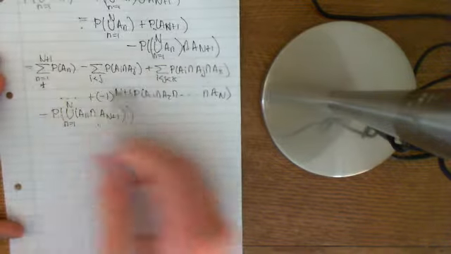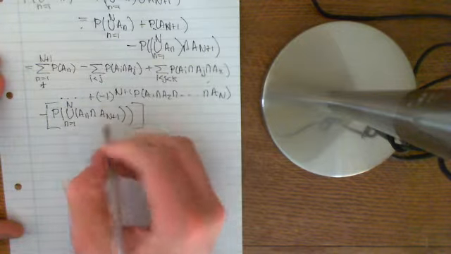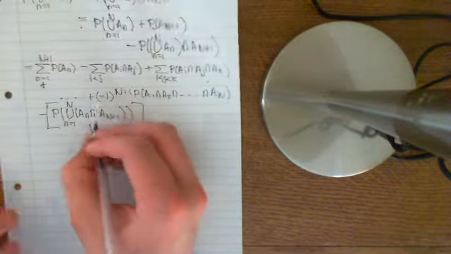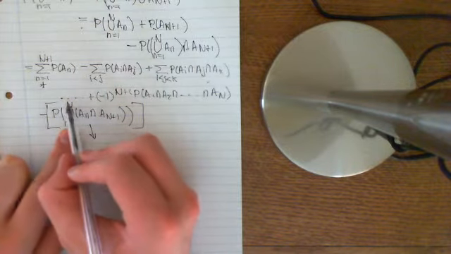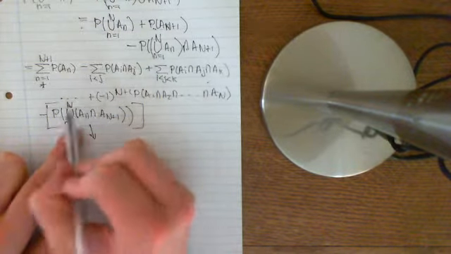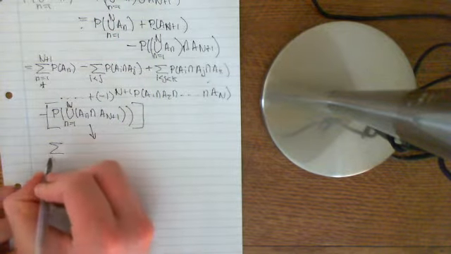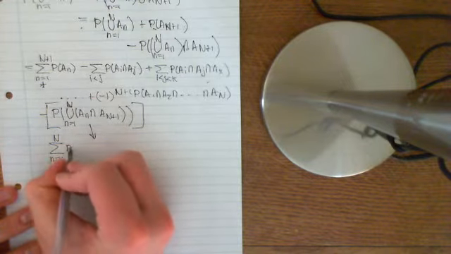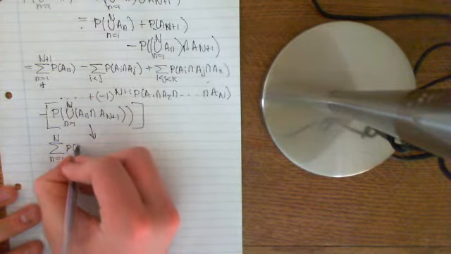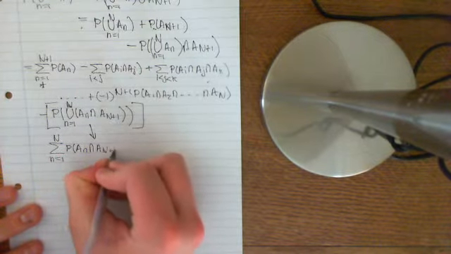I'm not going to rewrite all of this bit out. Instead, I'm just going to rewrite this term here now. Using the inclusion-exclusion principle, I know that it is true for the union of up to n sets. So I apply it for this using my assumptive step, and I get that it's the summation of n is equal to 1 to big N of the probability of an intersect big N plus 1.